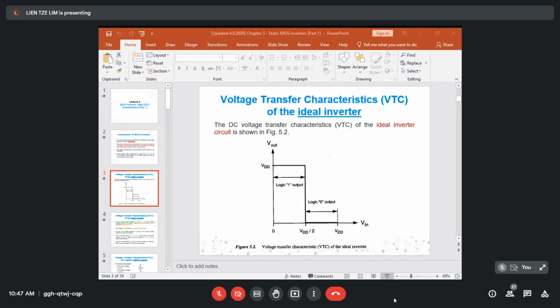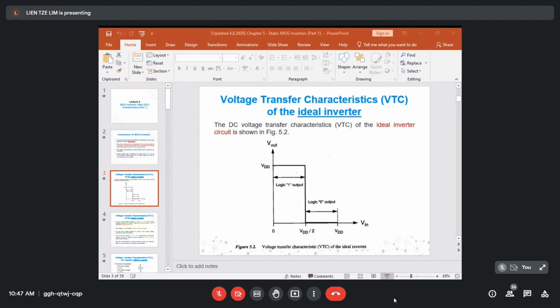For any input voltage between 0 and the threshold voltage, VTH, which is the minimum voltage where the voltage is considered high, the threshold voltage is given as VDD divided by 2. The output voltage is equal to VDD, logic 1.